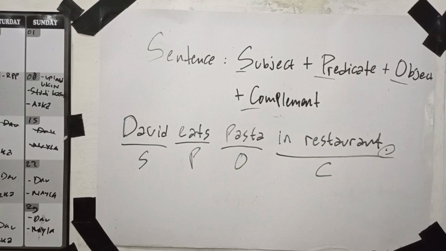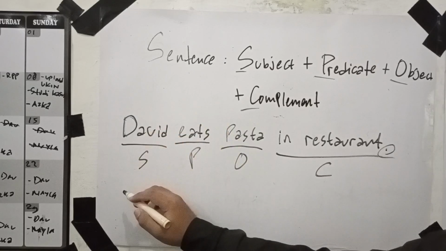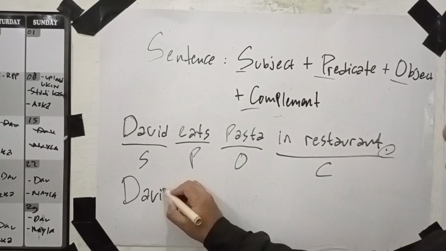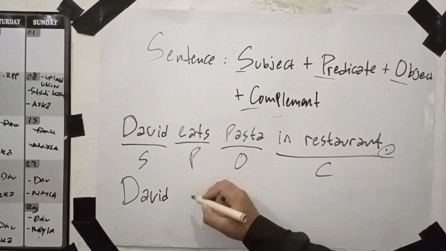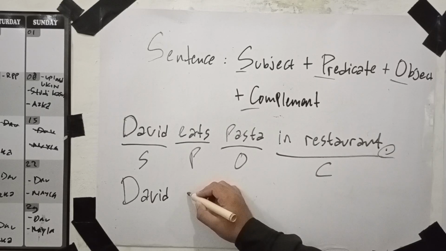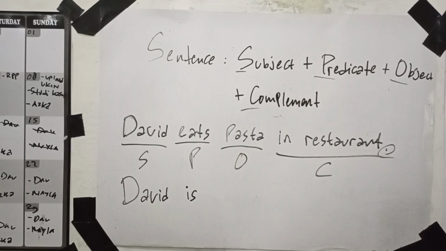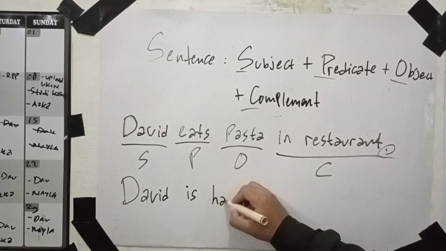Well, now you are asking how to make a sentence using to be. So we are still using David. David. The to be for David is, well, is, and then after that we need an adjective, right? David is happy.